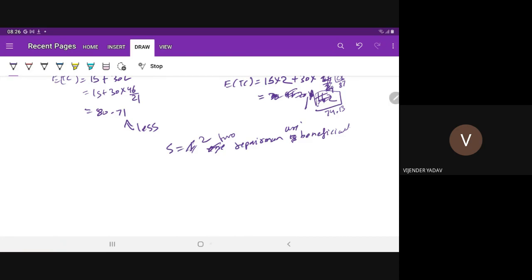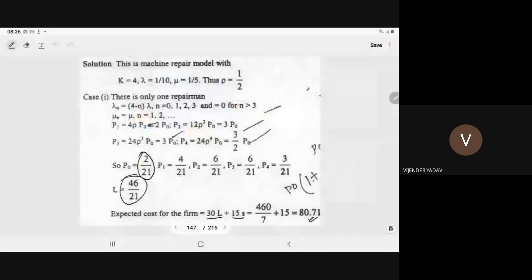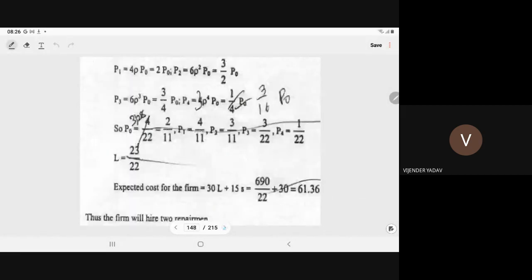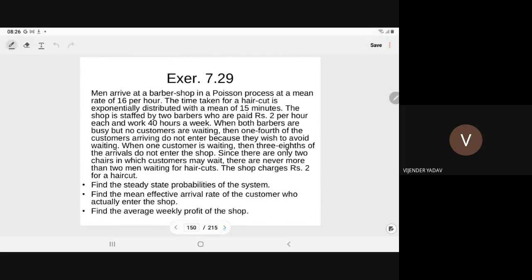Now the last question. In this question, men arrive at a barber shop in a Poisson process at a mean rate of 16 per hour. So the inter-arrival time follows the exponential distribution, that is the M, and lambda is equal to 16.